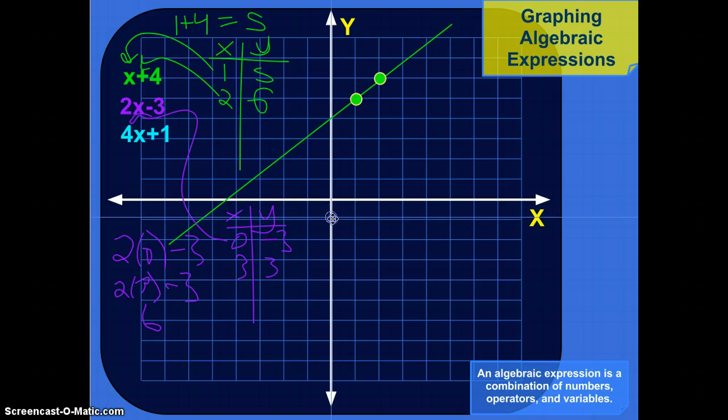So 1, 2, 3 downward in the negative direction. That's 0, negative 3. Okay? The second point is when x is 3, I evaluate the expression and I get an answer of 3. So I'm going to plot this other point at x is 3, and then y, the result, will also be 3. 1, 2, 3.